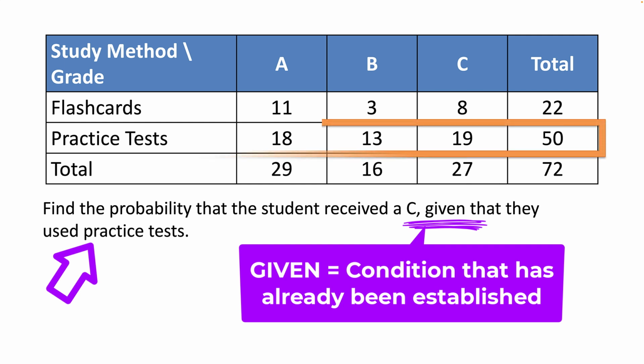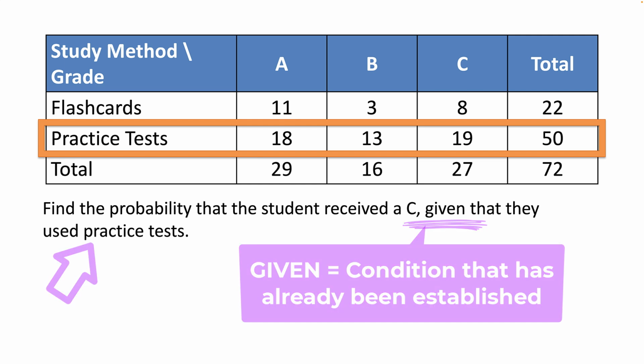This tells us that the student selected at random has already established that they use practice tests to study. So for the purposes of this problem, we'll only be focusing on these students who indicate they use practice tests.